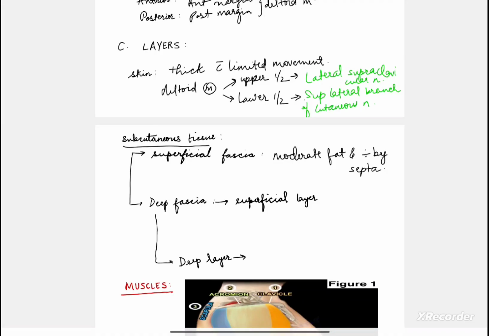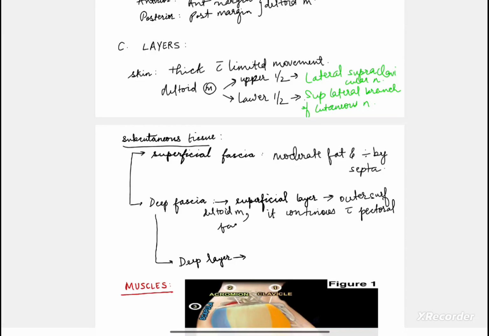Now the superficial layer of the deep fascia covers the outer surface of the deltoid muscle, and it continues with the pectoral fascia.